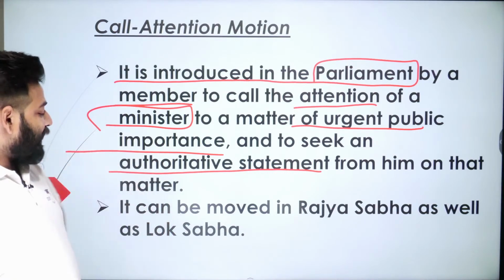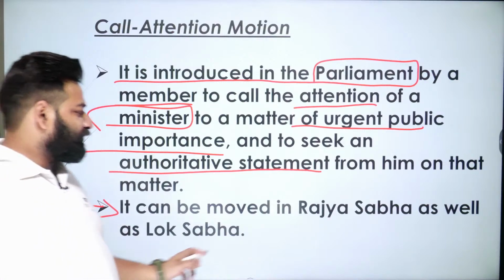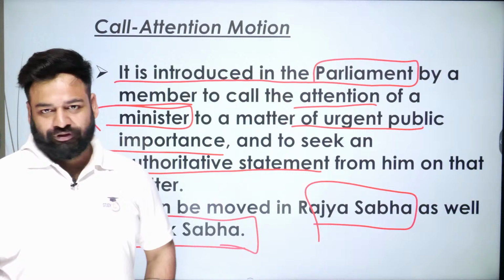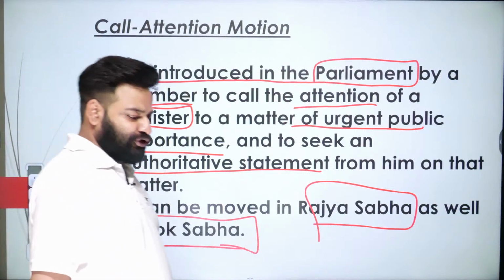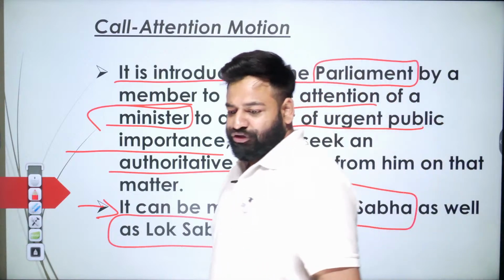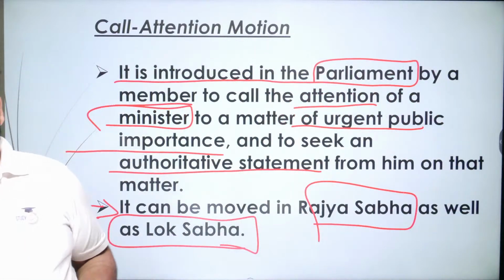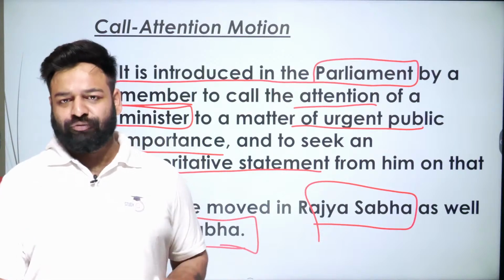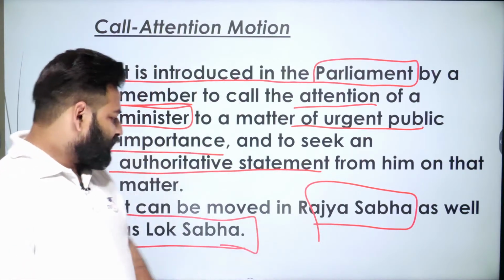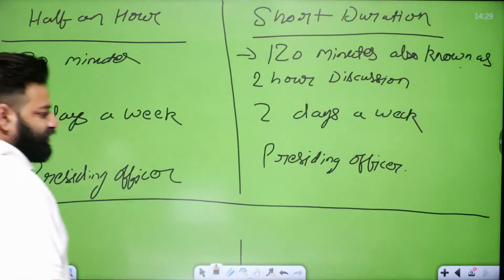It can be moved in Lok Sabha as well as Rajya Sabha, that is both. So what we have seen: privilege motion, it can be initiated in Lok Sabha as well as Rajya Sabha. Censure motion, only and only Lok Sabha. Call attention motion, Lok Sabha as well as Rajya Sabha. So you can just make this chart as well.